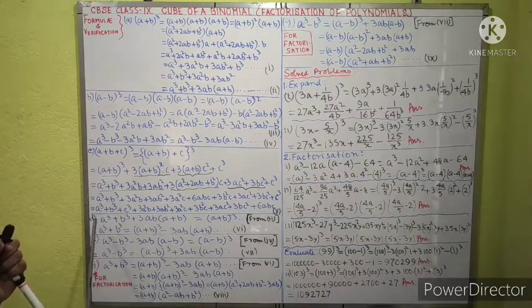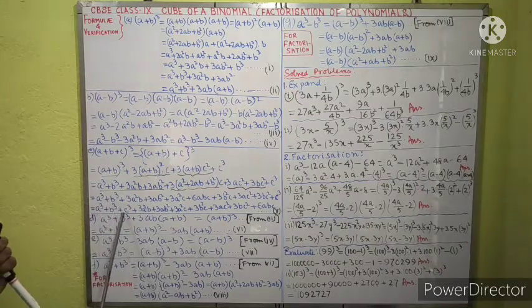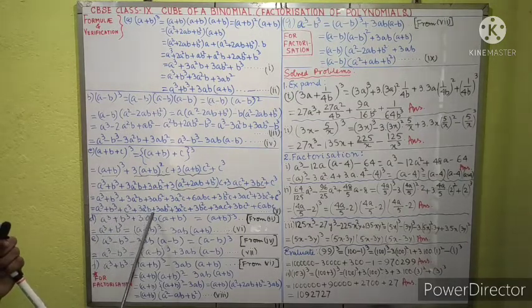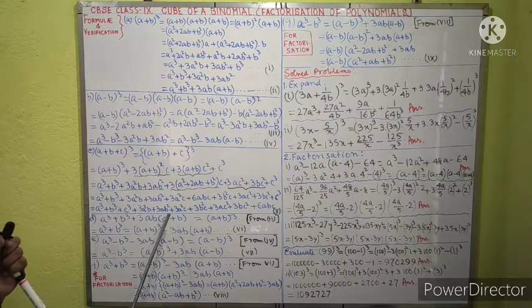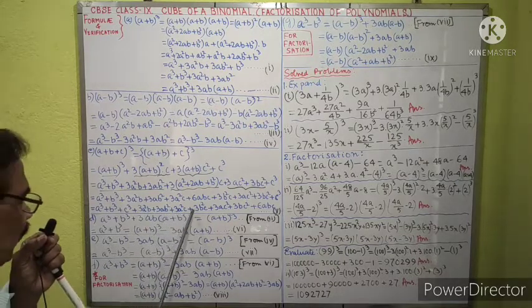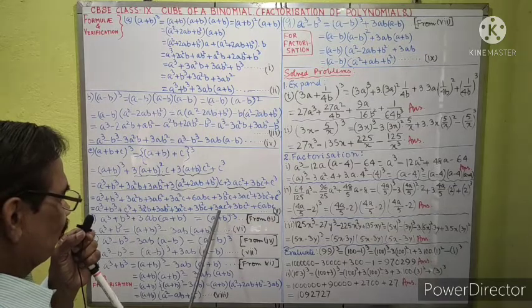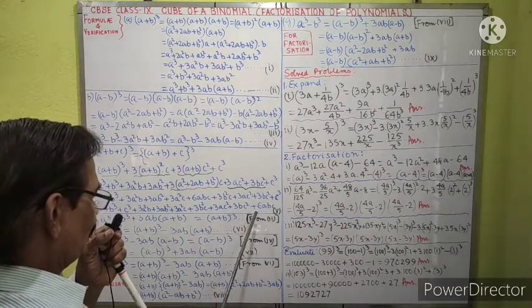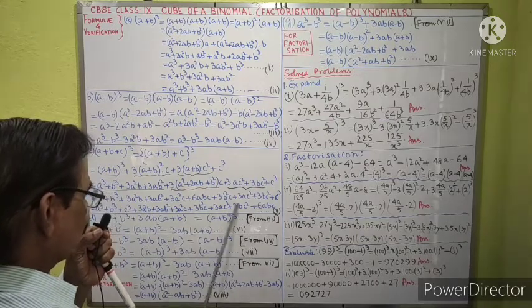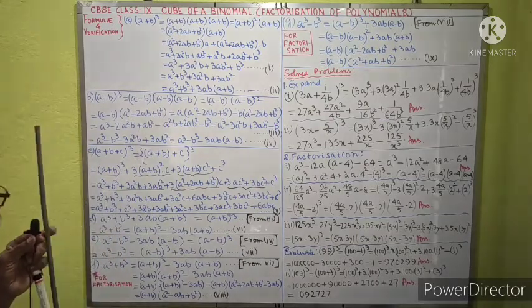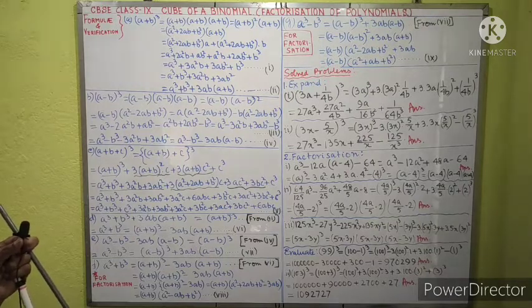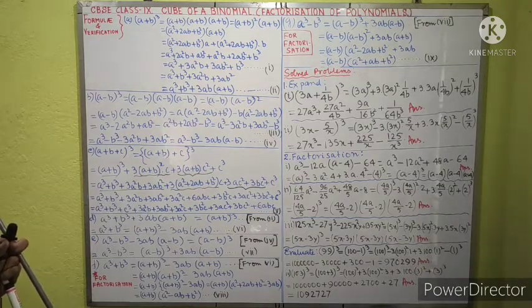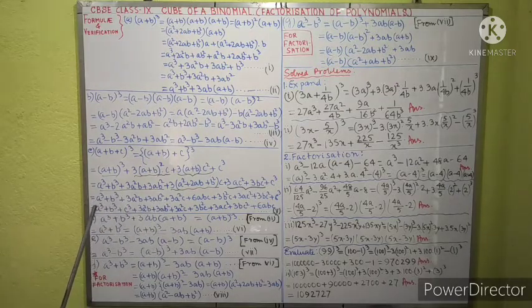Arranging properly, we are getting a cube plus b cube plus c cube plus 3a square b plus 3ab square plus 3a square c plus 3b square c plus 3ac square plus 3bc square, and last this 6abc. We have regarded this a plus b at a time and c another time as a plus b whole cube. We can do so many different forms like this way.